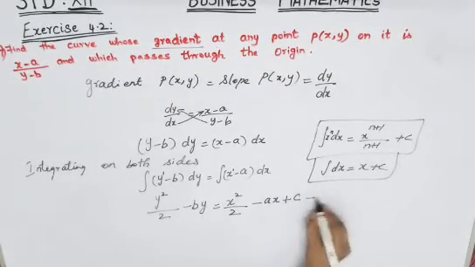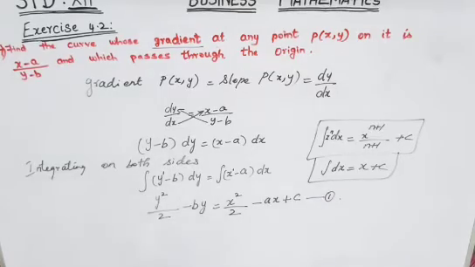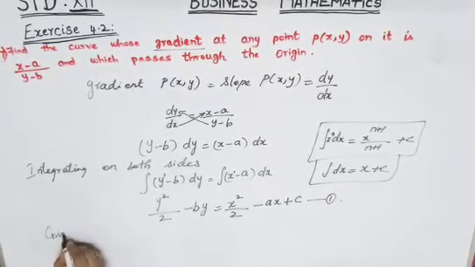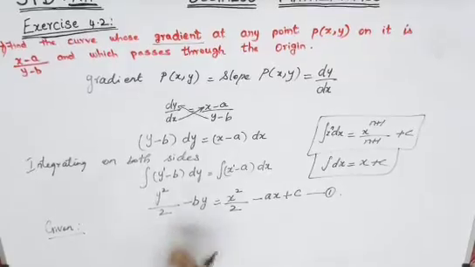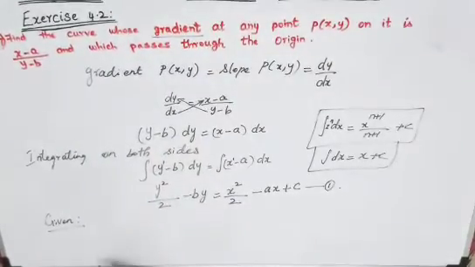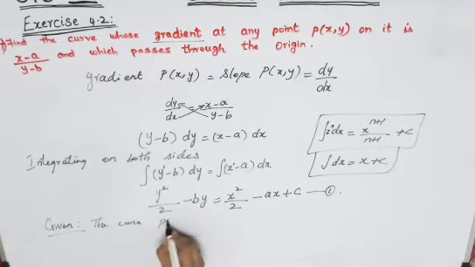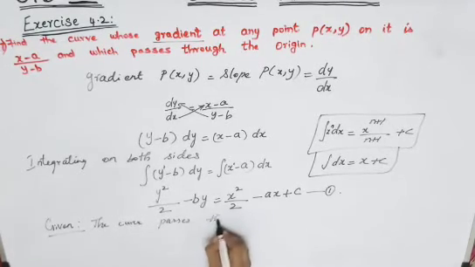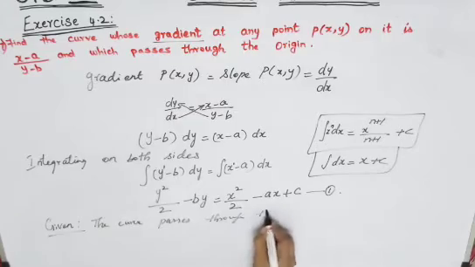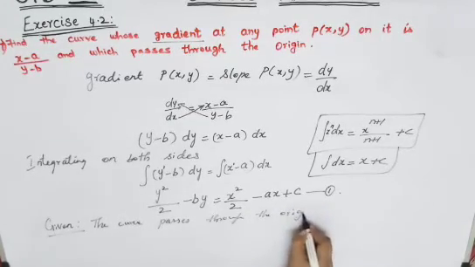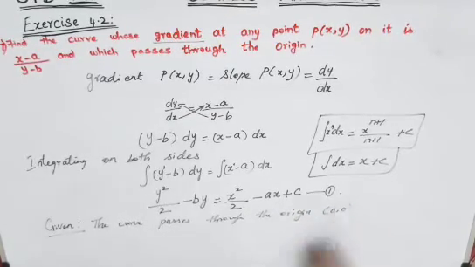Now we will name this as equation 1. Given the next condition, the curve passes through the origin. Origin is nothing but (0, 0).